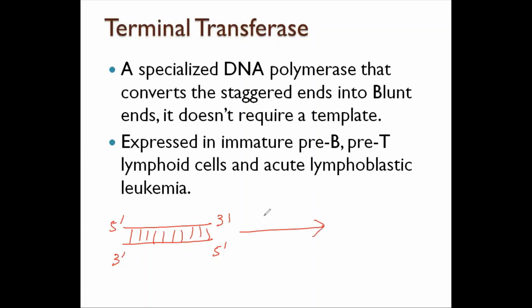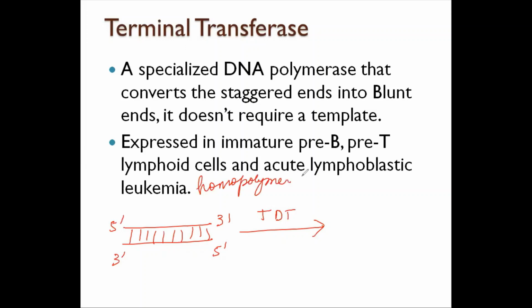Now I am adding terminal deoxynucleotidyl transferase, or you can call it terminal transferase. It is a template-independent DNA polymerase, as it can synthesize a DNA polynucleotide without base pairing. This enzyme is used for the formation of cohesive ends by homopolymer tailing.